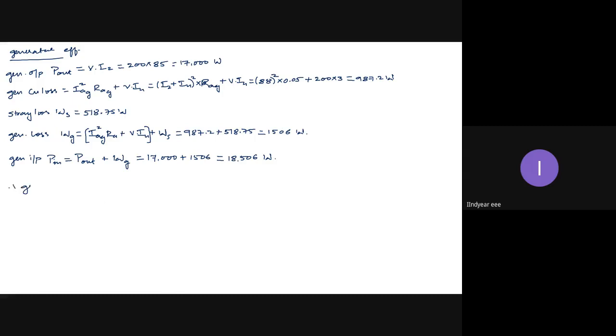Therefore, generator efficiency is equal to P out by P in into 100, equal to 17,000 divided by 18,506 into 100, which is 91.82 percent.